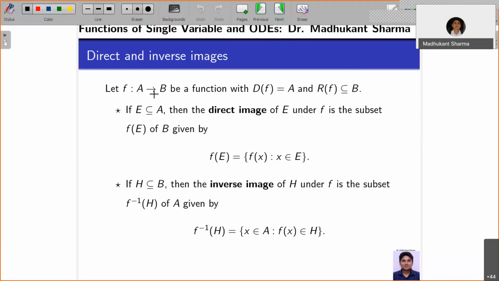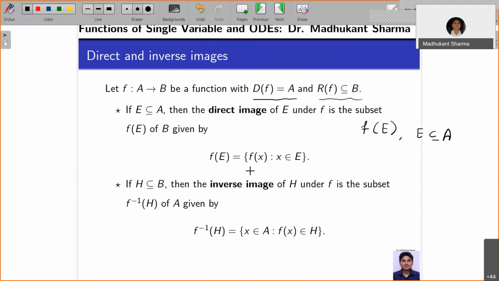Let f from A to B be a function with domain D f equal to A and R f a subset of B. We are not saying it's a proper subset, nor that it is never equal to B. It may be equal to B, but it may also be a proper subset of B. Now, when you're talking about the direct image of E under f, you are talking about f of E. We are talking about the image of E under f, where E is a subset of A.